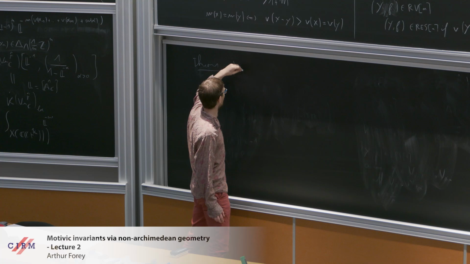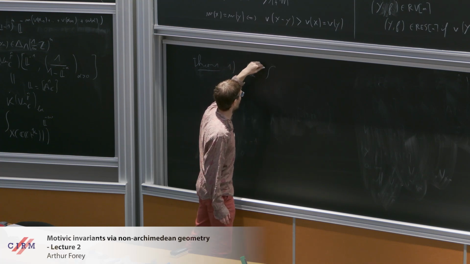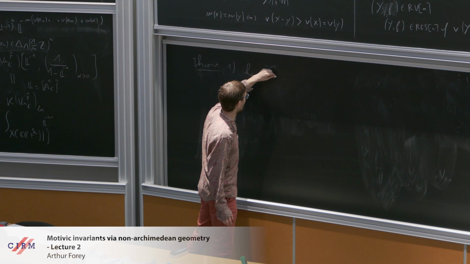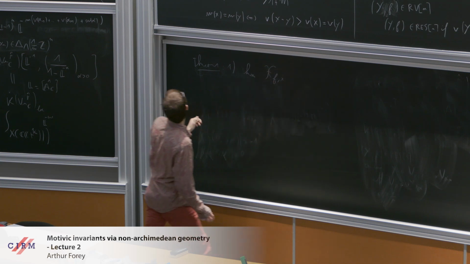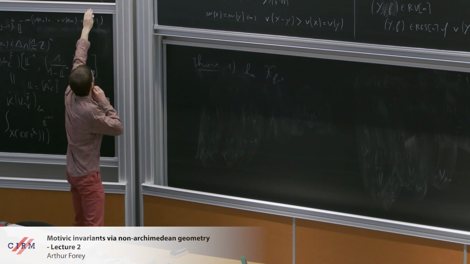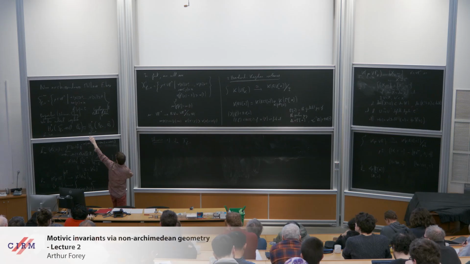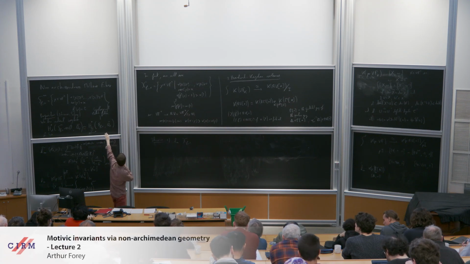So first part is that if you look at the tubular neighborhood X_f(x). So now I'm back in my context related to the Milnor fiber. I have my polynomial f, a polynomial with complex coefficients in r variables.